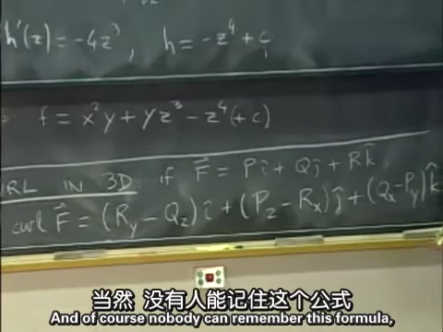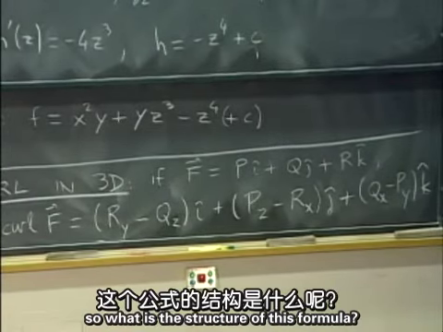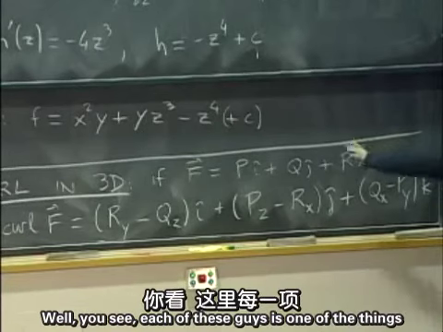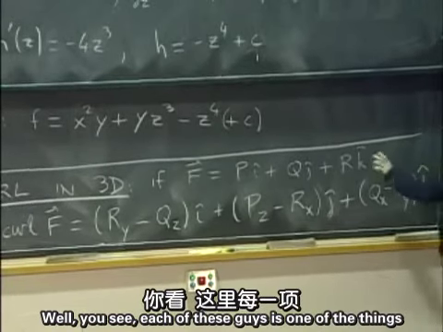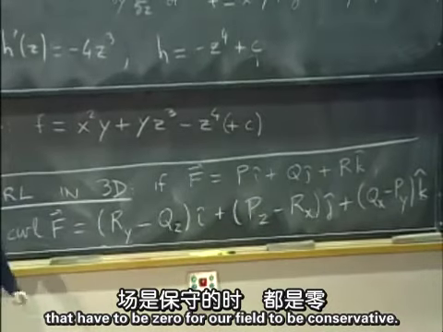And now, of course, nobody can remember this formula. So what's the structure of this formula? Well, you see, each of these is one of the things that have to be 0 for our field to be conservative.